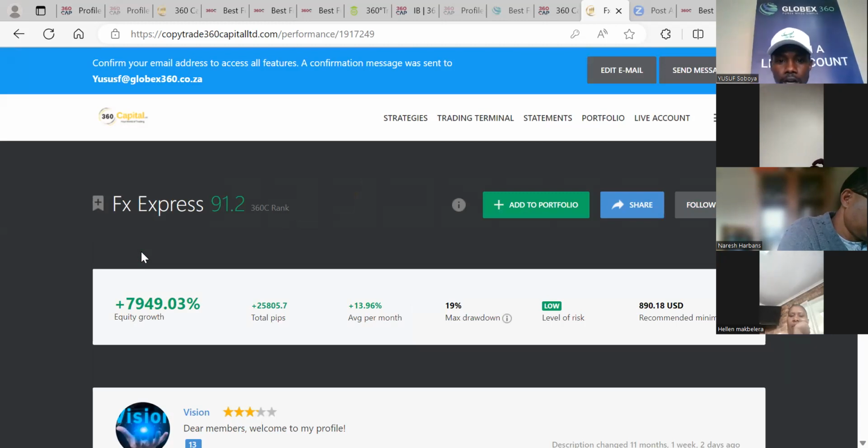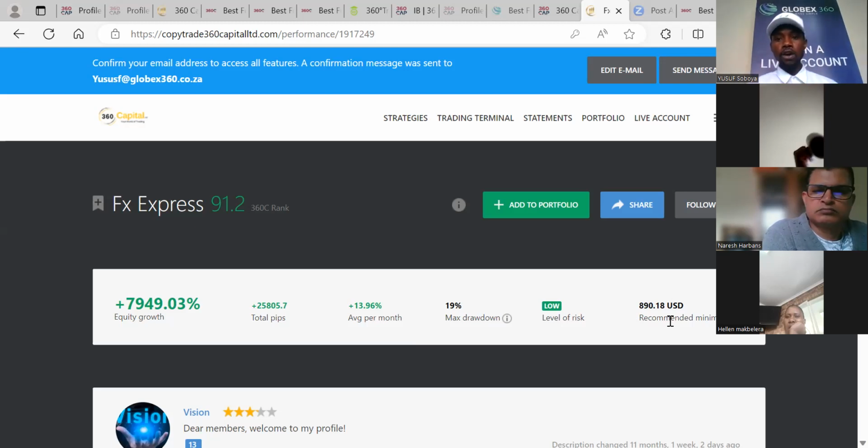When you click on that profile, it gives you all the information about the signal provider. First of all, you're going to see a $890 recommended minimum deposit. This is just a recommended minimum. Don't get scared when you see this type of minimum. It's just a recommended minimum by the signal provider, right?